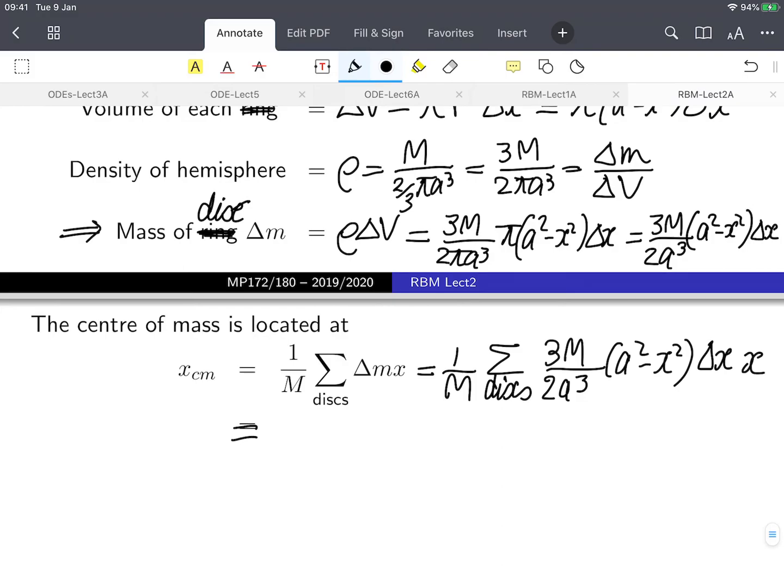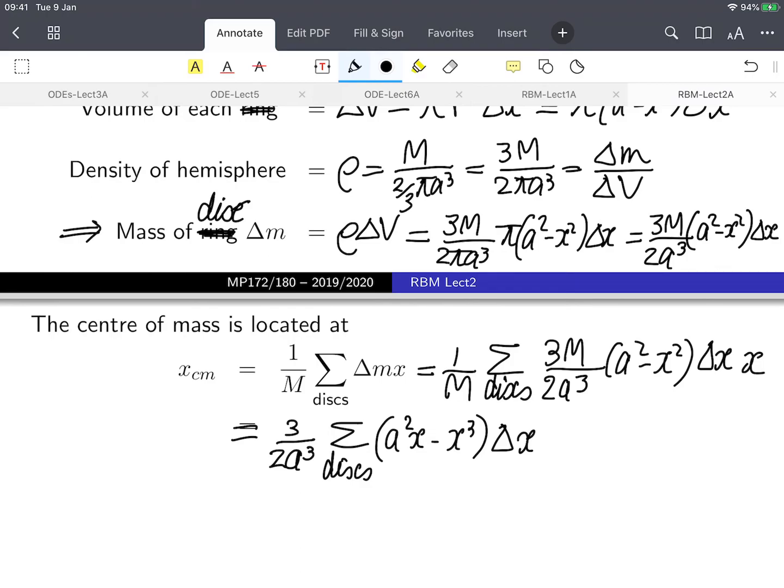So there's a few simplifications. What are they? The m's come out. 3 over 2a cubed, that's just a constant. And then I'm summing. So I'm multiplying by x, so it's going to be a squared x minus x cubed, delta x. And now I can do the same reasoning. I can say this here is the sum of all the little rectangles underneath this function here.